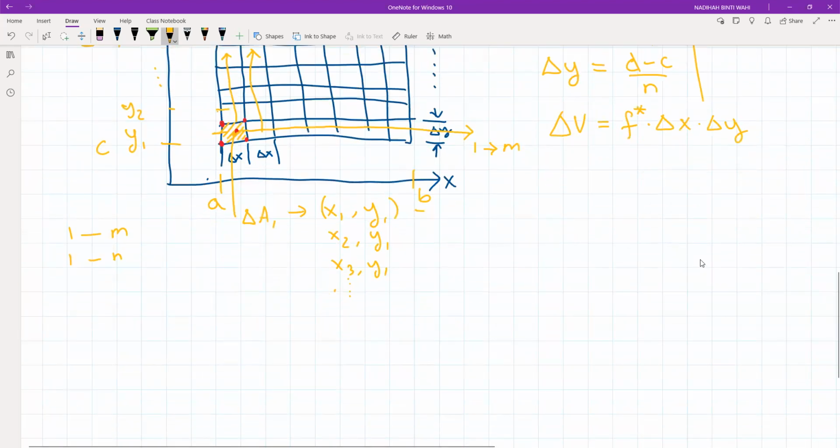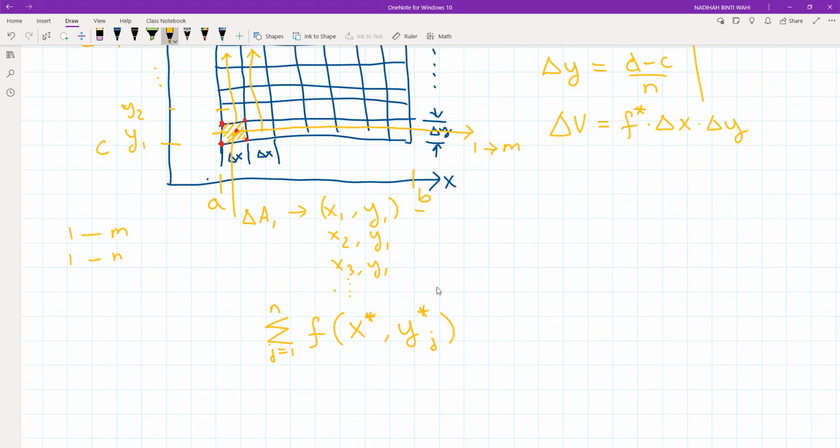In this case we have a summation, let's say from j equals 1 until n, of f of x star, y star j.